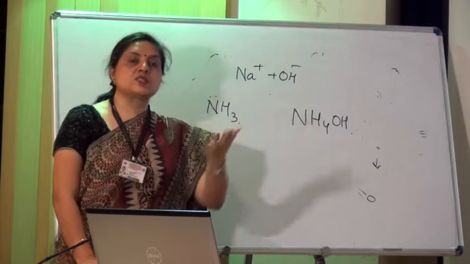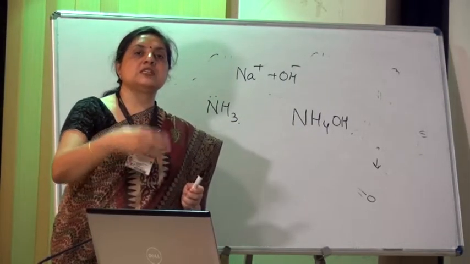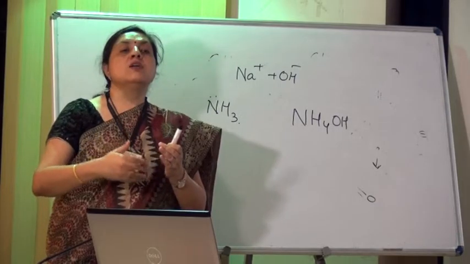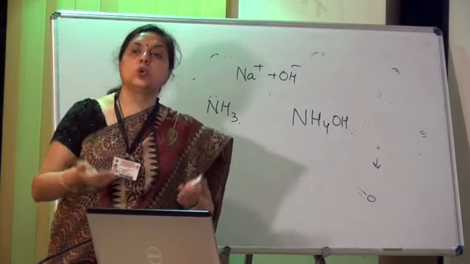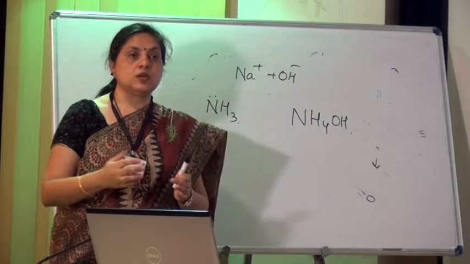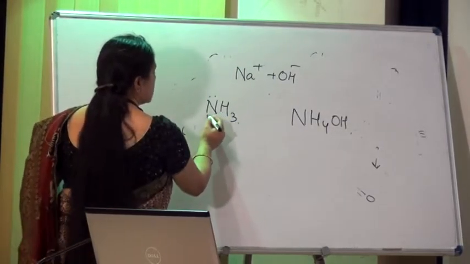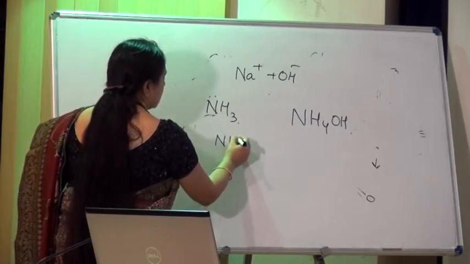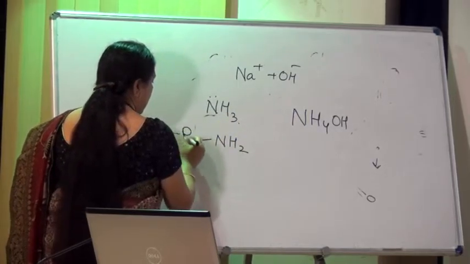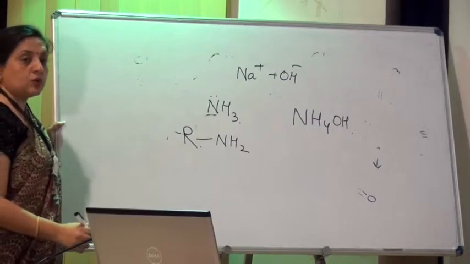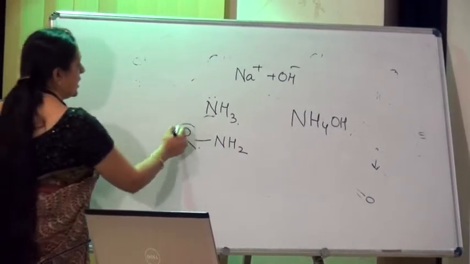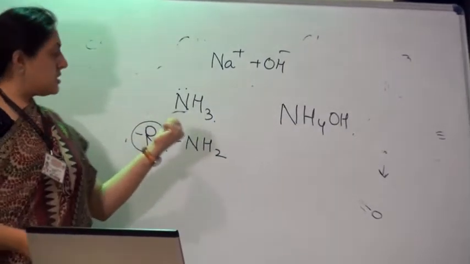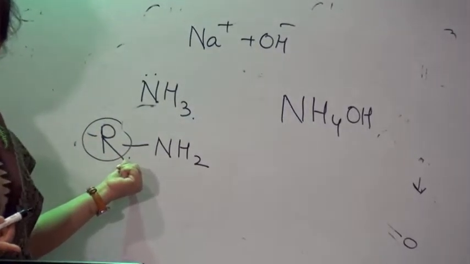Now the basic strength: when we say it is a base and it is donating electrons, the basic strength increases when more and more electron donating groups are present on it. For example, if one of the H's is replaced by an R group, that is an alkyl group, which may be CH3, C2H5, any of these, this is an electron releasing group.